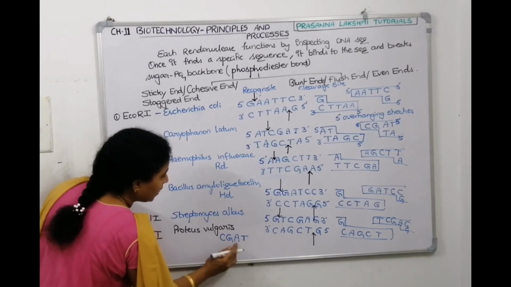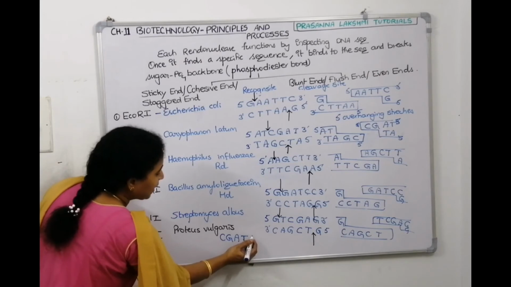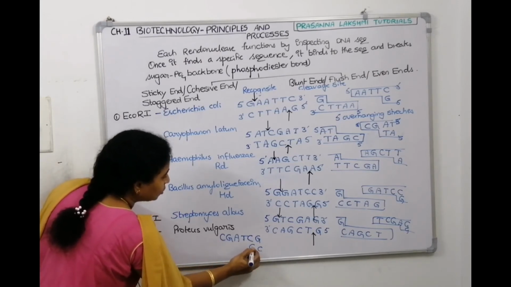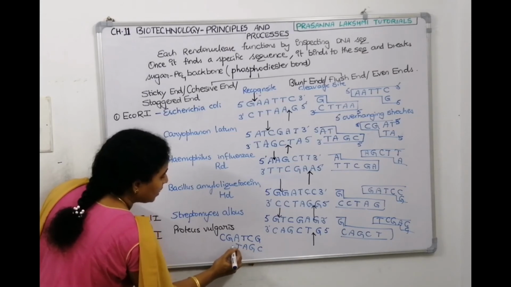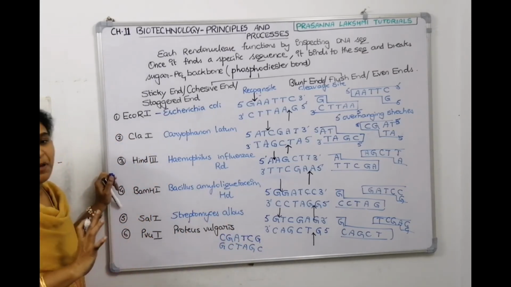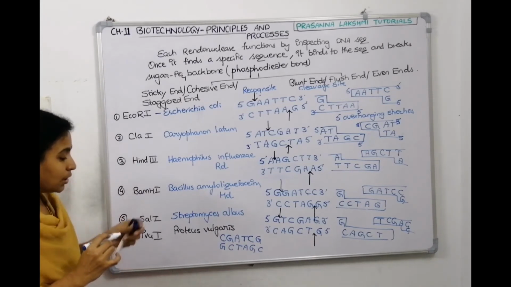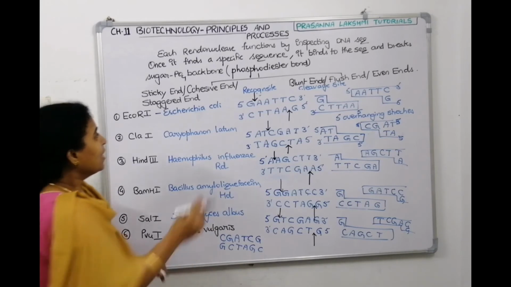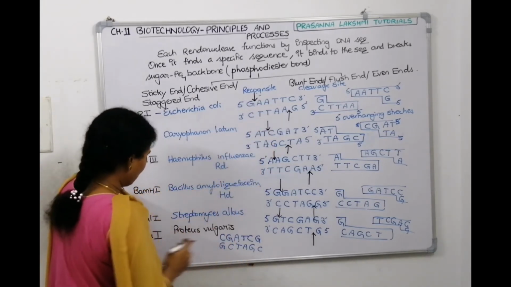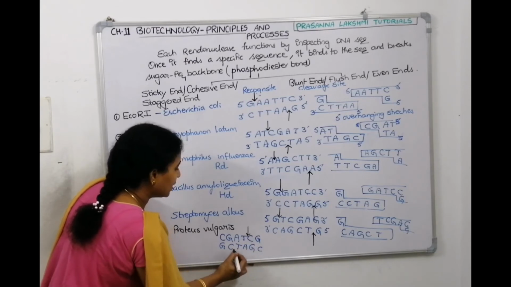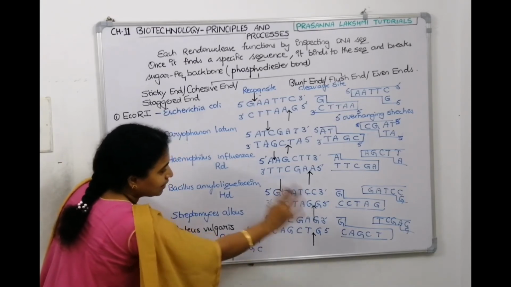Opposite will be T. A pairs with T, G pairs with C, C pairs with G. So CGA, TCG. This is the recognition sequence for PvuI. Cleavage site not after 1, not after 2, after 4. It is jumping more. Here it is after 1, here it is after 2. But PvuI after 4, here between T and C.